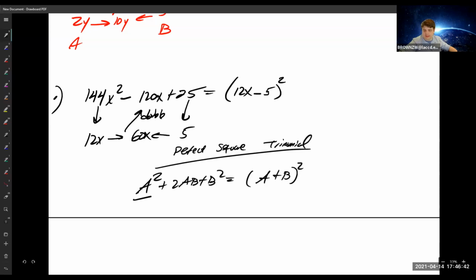And it comes from the fact that a, b, and my actual binomial are all perfect squares. Alrighty, are there any questions on this?